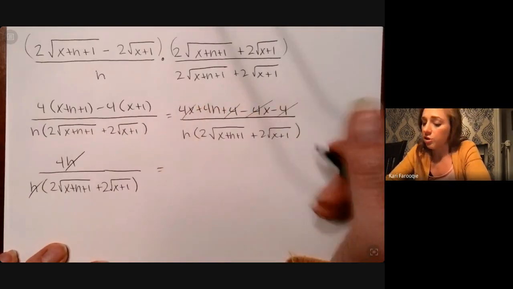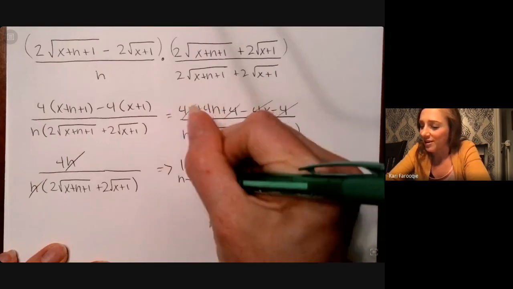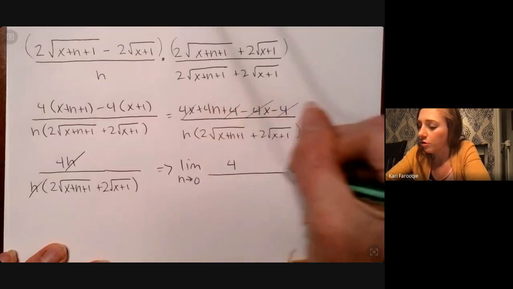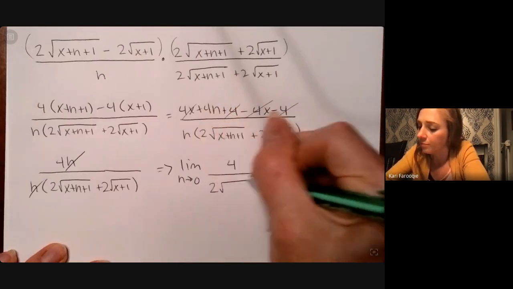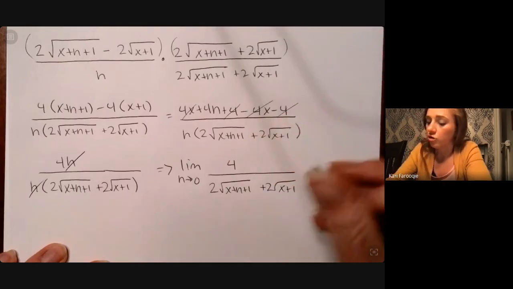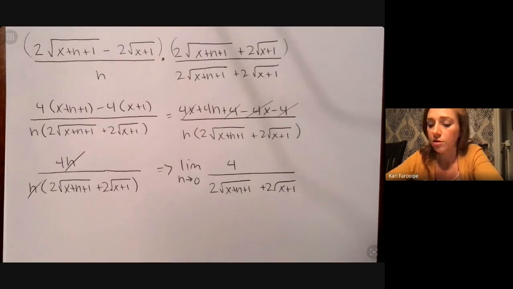Now at this point, you might want to pop your limit back on. Otherwise, you're going to have to rewrite this whole thing again, and nobody wants to do that. Might as well leave the 4 in the numerator. Up to you. But you shouldn't have to worry at this point about getting an indeterminate form because your numerator is a constant.